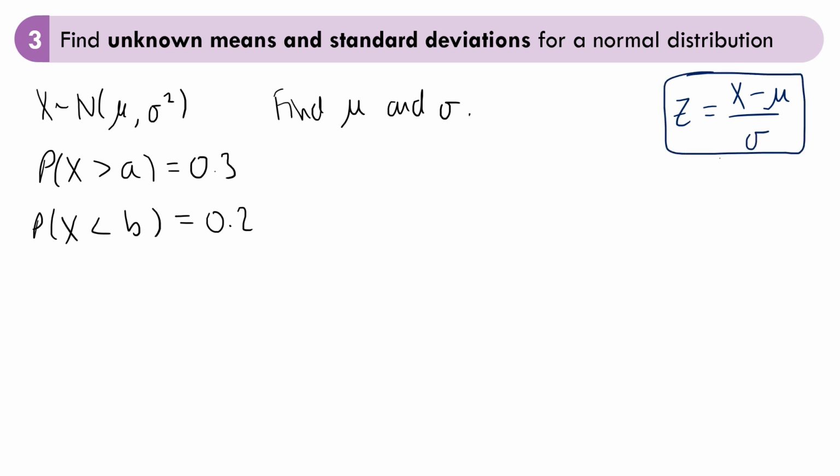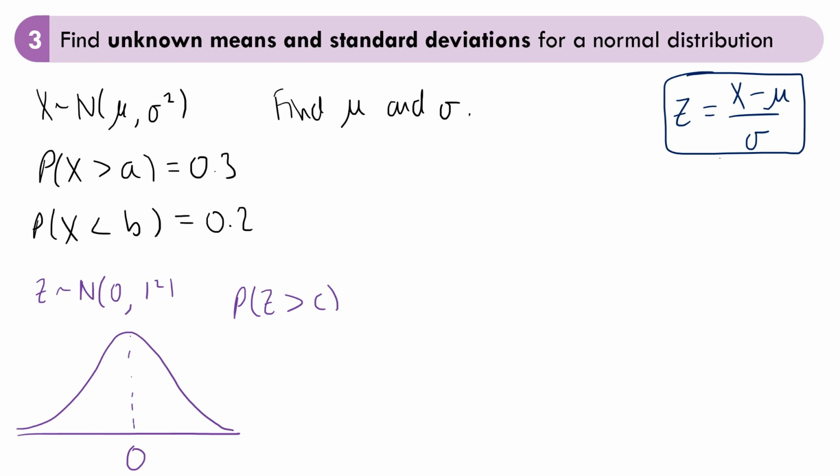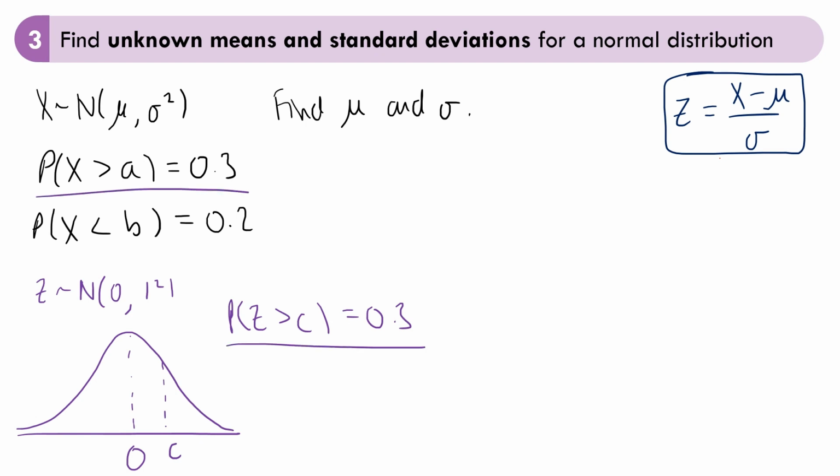So first of all, we can look at the standard normal distribution. So z with mean 0 and standard deviation 1. That looks something like this. With mean 0, such that the probability of z being greater than c is equal to 0.3, which corresponds to this probability statement here.